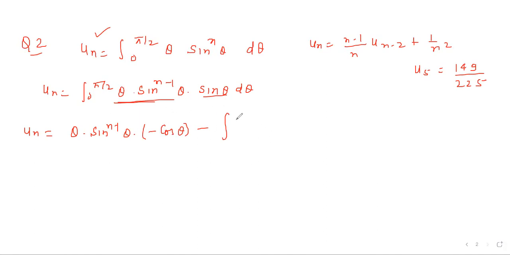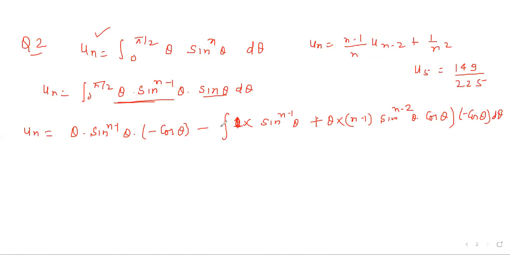So differentiation of theta into sine n minus 1 theta. Sorry, differentiation of theta we can write as 1, so 1 into sine n minus 1 theta, then plus theta times (n minus 1) sine power n minus 2 theta into the differentiation of sine theta, which will give cos theta, and the whole times the integration of sine theta, which will give minus cos theta, then d theta.